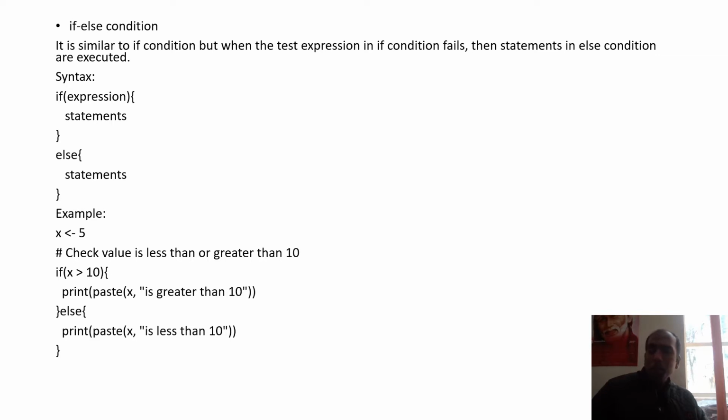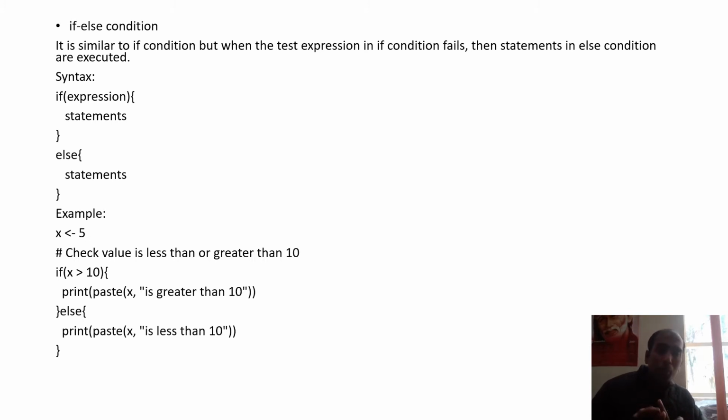Compared to Python, specifying a condition in R programming is easier, and here the concept of a block is introduced. You need to specify the if expression, then give curly braces, and whatever you want to perform with the if expression you specify here, and then you close the curly braces.